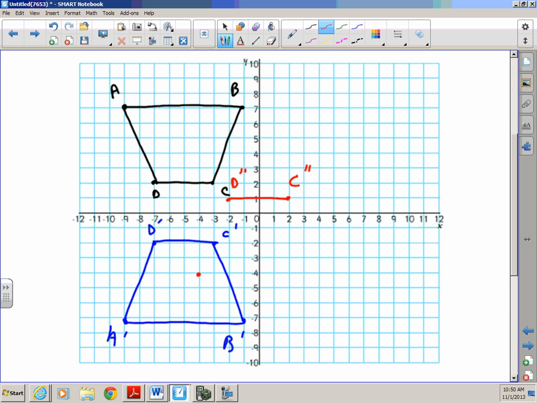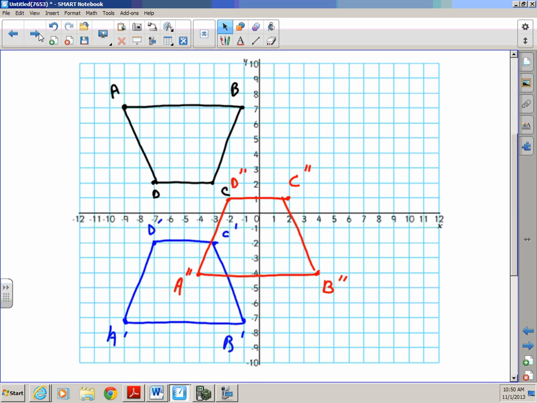A double prime is somewhere inside. 1, 2, 3, 4, 5. 1, 2, 3. And there is B double prime. And then I'm done. So there's the first sequence of transformations.